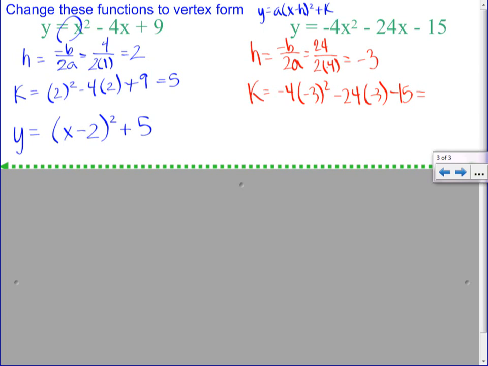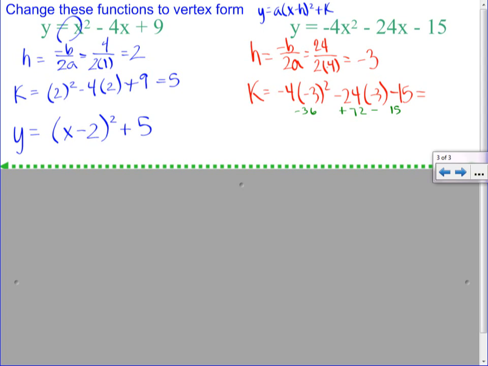What do we get here? So this is -36, positive -15. What's that? -21?